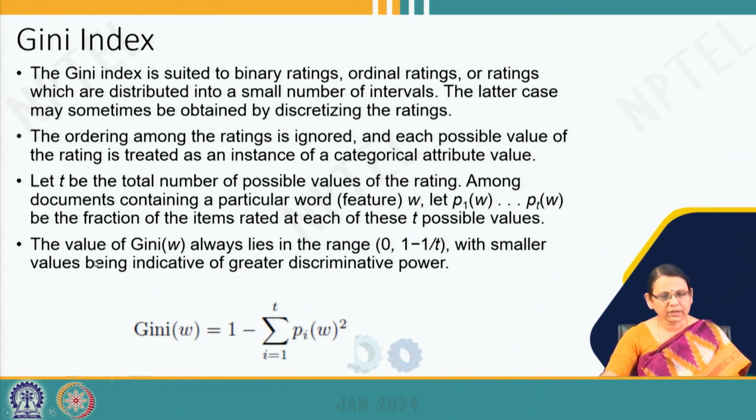It is to be understood that this value will always lie in the range 0 to 1 minus 1 upon t. The smaller the value, the greater it indicates the discriminating power.